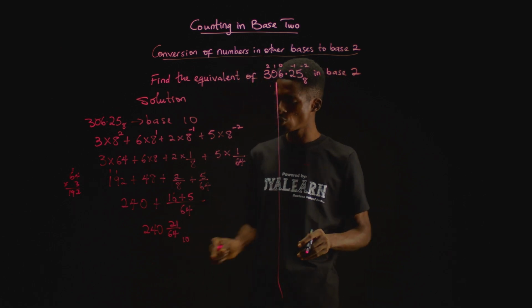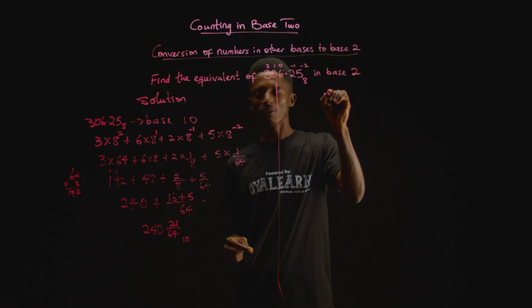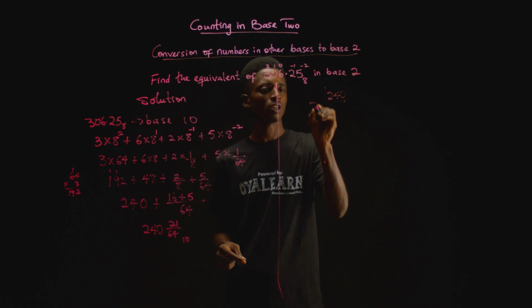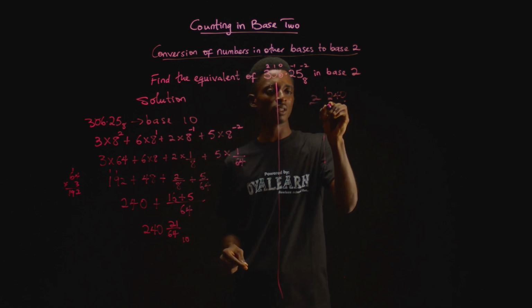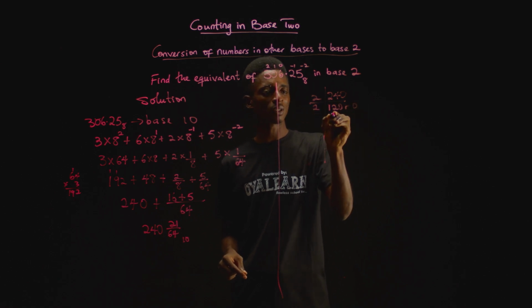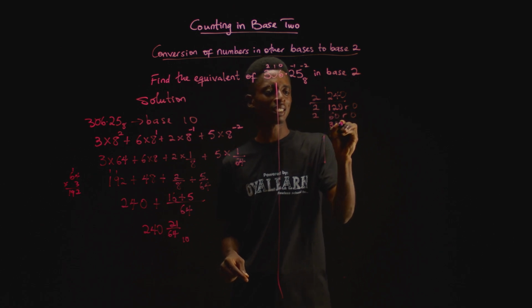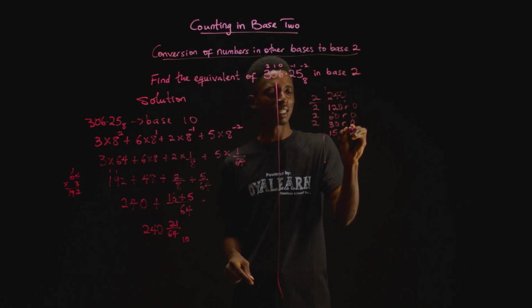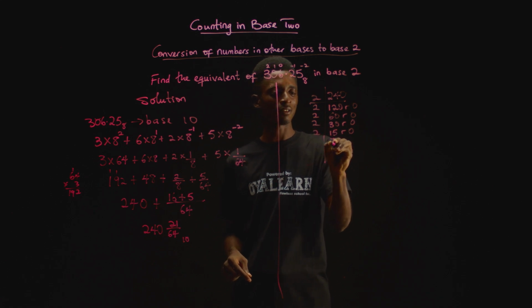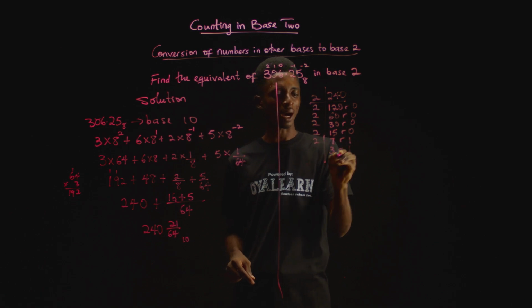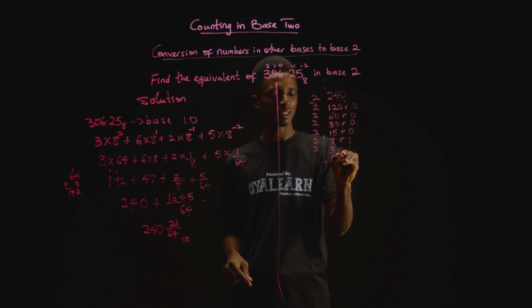To convert it to base 2, we'll start with the whole number part. So we divide 240 by 2 repeatedly. 2 in 240 will give us 120, remainder 0. 2 in 120 will give us 60, remainder 0. 2 in 60 will give us 30, remainder 0. 2 in 30 we have 15, remainder 0. 2 in 15 is 7, remainder 1. 2 in 7 is 3, remainder 1. 2 in 3 is 1, remainder 1.